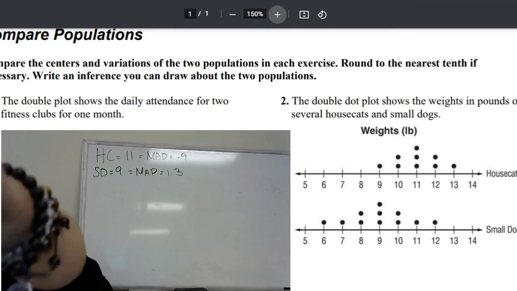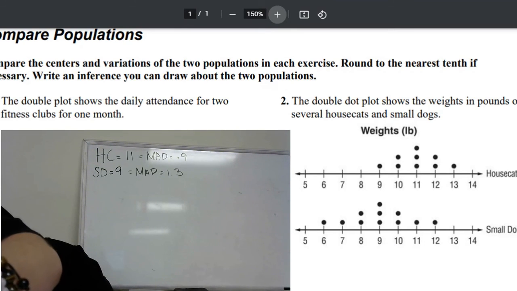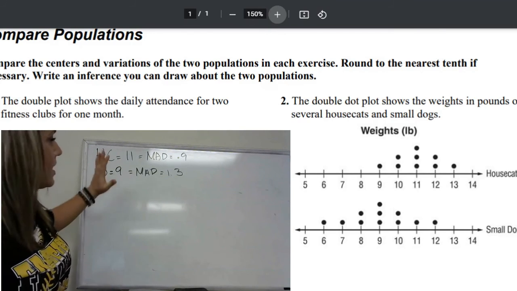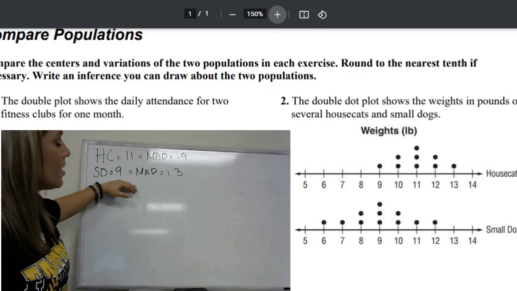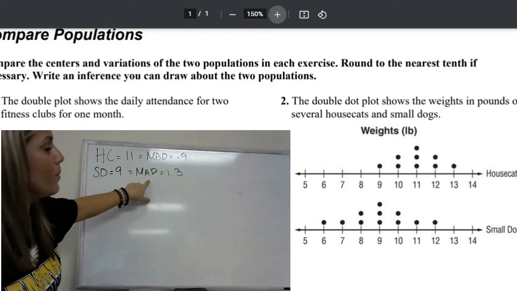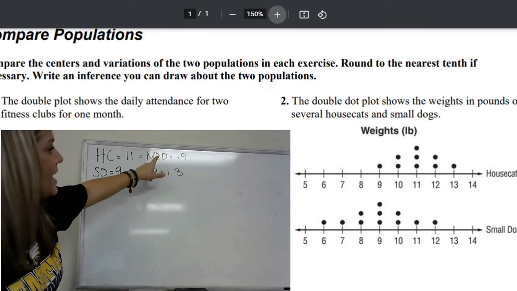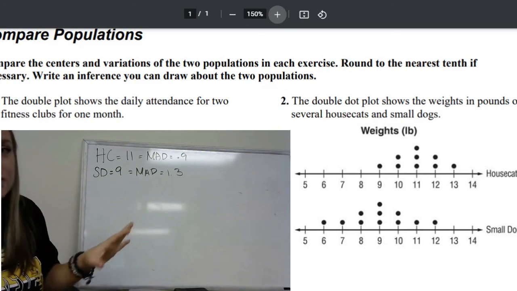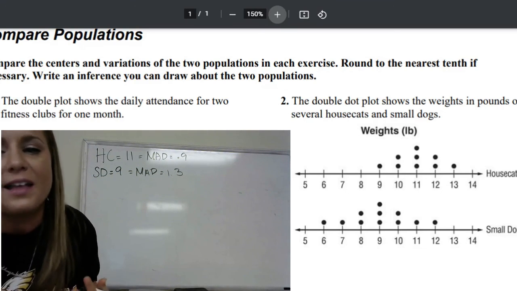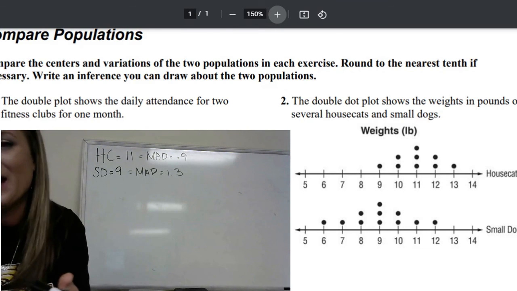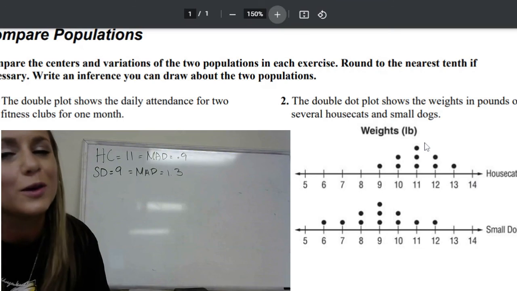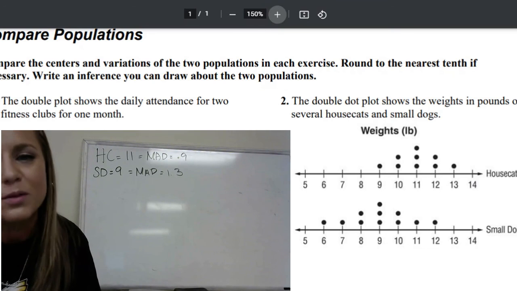So if I'm looking at these house cats and small dogs, I can see that the small dogs have a variation of 1.3 pounds, where a house cat has a smaller variation of 0.9 pounds, so basically 1 pound. So it's very similar and very close. But if you just look at the dot plot, you can see that obviously house cats are going to weigh a little more than small dogs. So that would be the population.